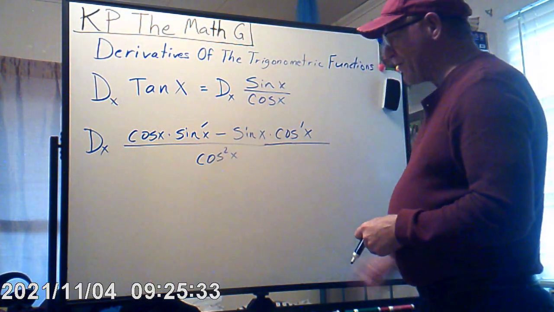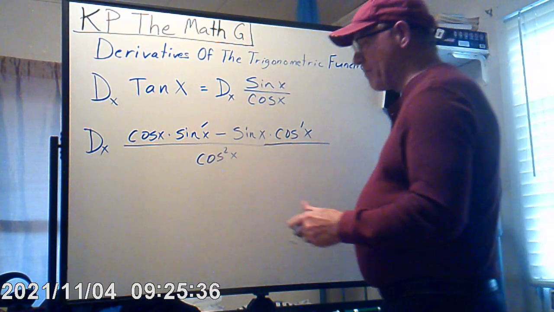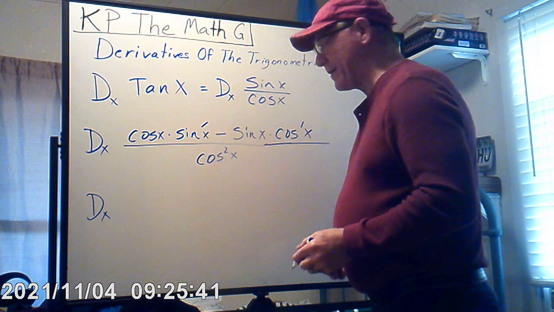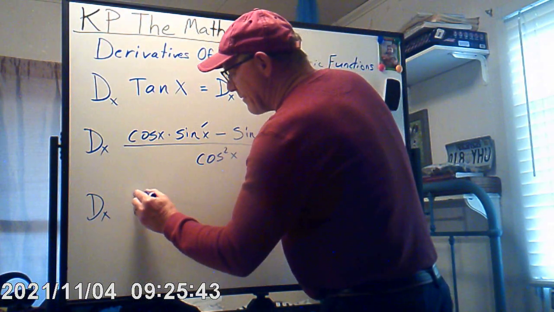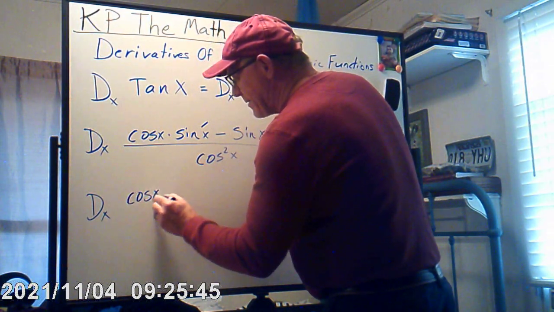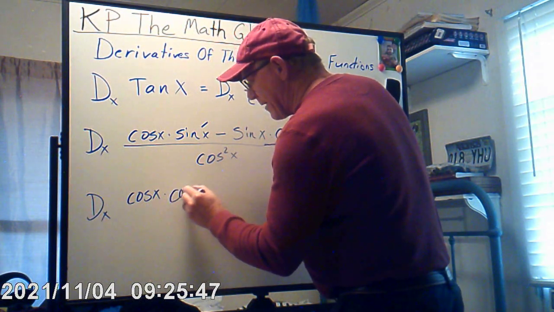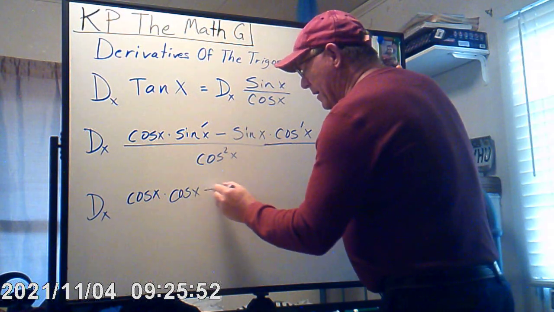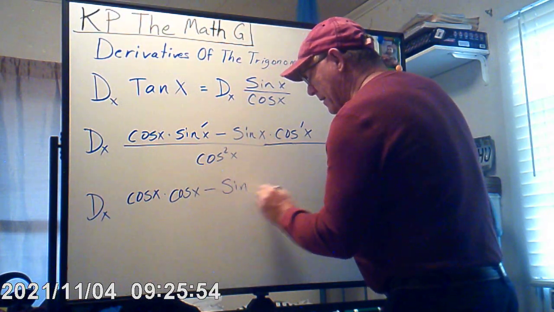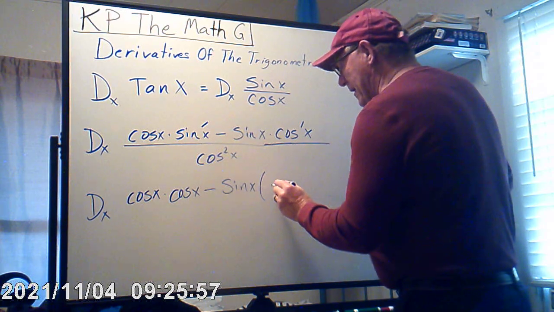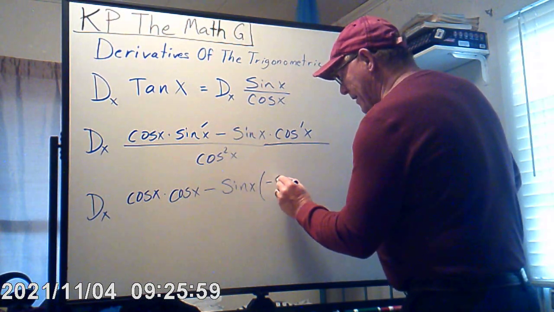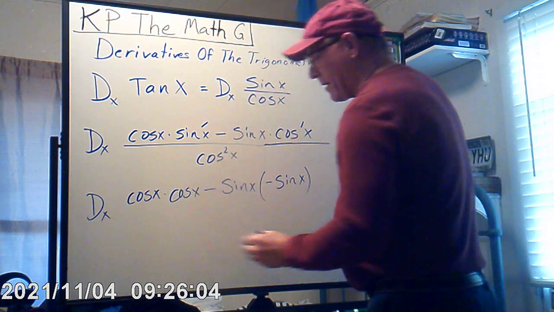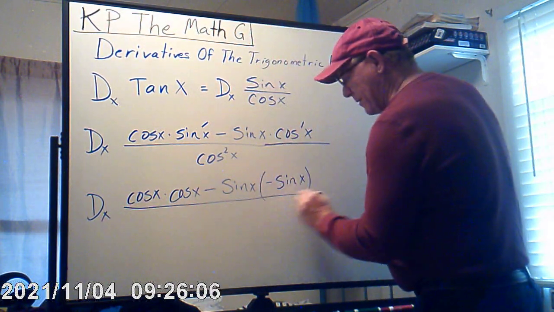Let's see if we can find the derivative of sine. Now remember, we just said, I know I just went over these very briefly, didn't I? The derivative of sine is cosine, that's right, cosine x, minus sine x, and the derivative of cosine is negative sine x. And then this is still over cosine squared.